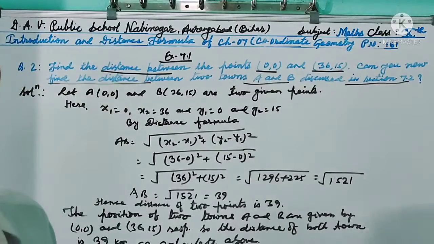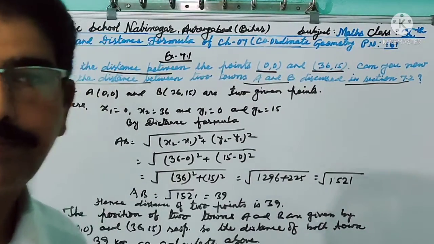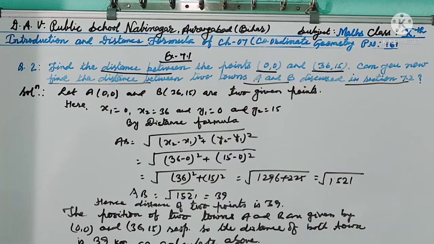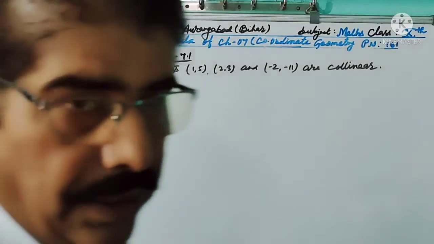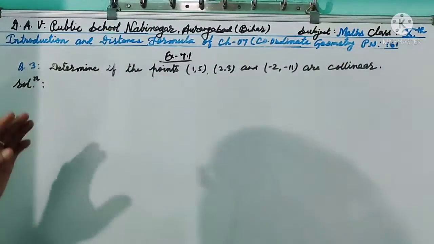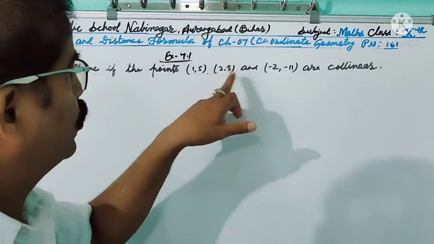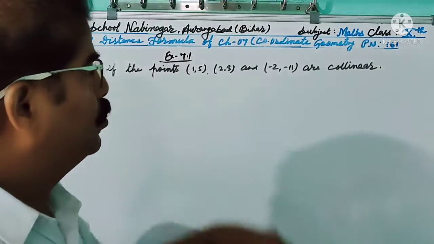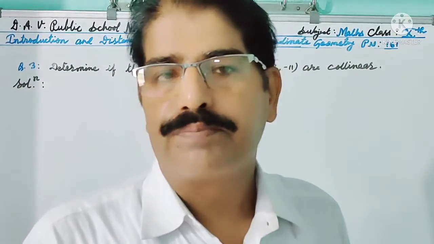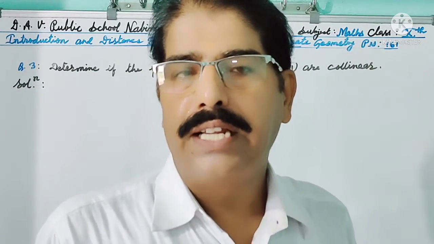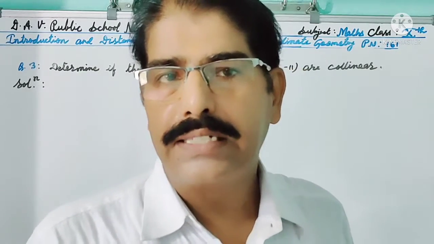So dear students, your next question 3 is: determine if the points (1, 5), (2, 3) and (-2, -11) are collinear. Dear students, what are collinear points? 3 or more than 3 points that lie on the same line.